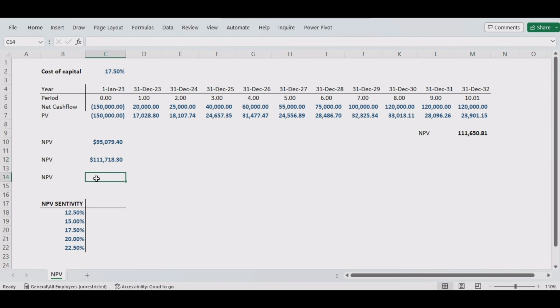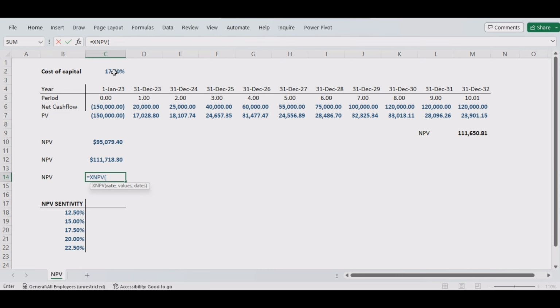The other way you can confirm that this is correct is to use the XNPV. XNPV uses the dates. When you have the actual dates, that may not be consistent, because the NPV alone assumes that the intervals are the same. That's why we're not taking into account the periods.